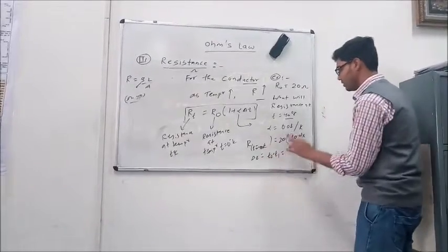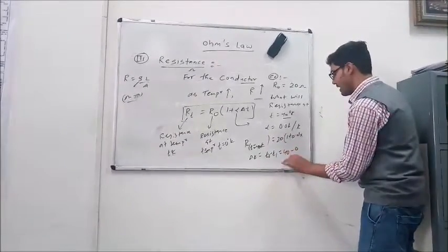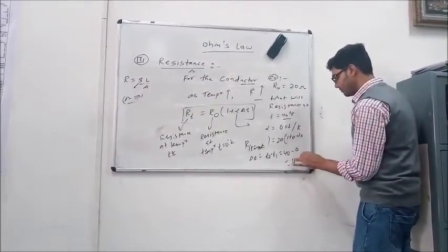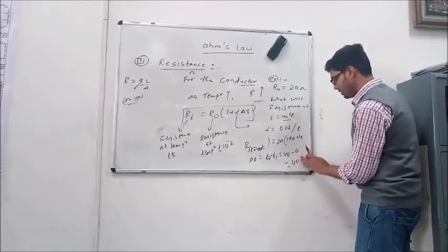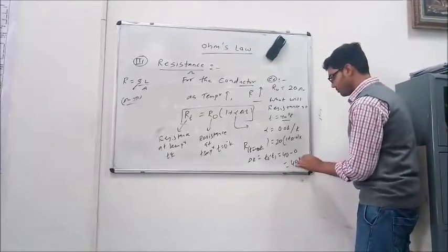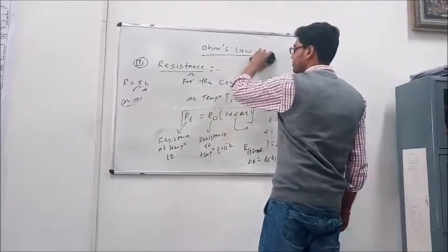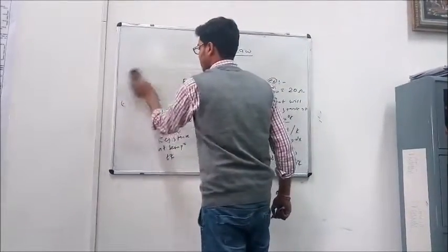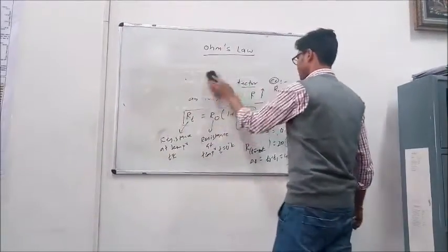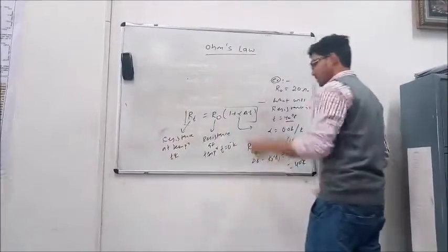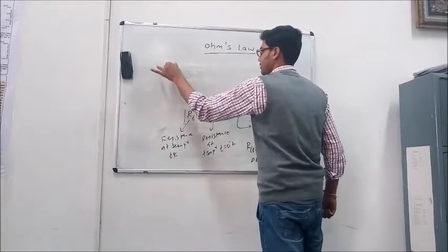T2 is 40 Kelvin and we have the resistance at 0 Kelvin, so del T is 40 Kelvin. If you put this in the formula, we are going to get the resistance at that temperature.